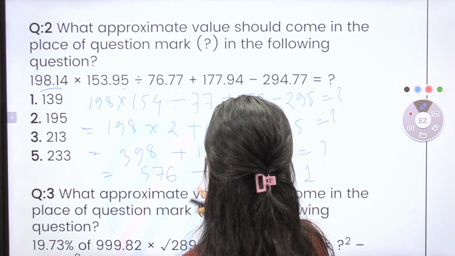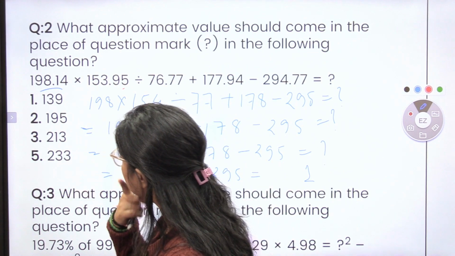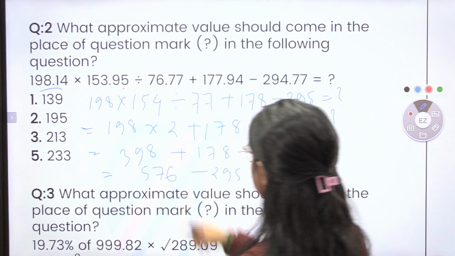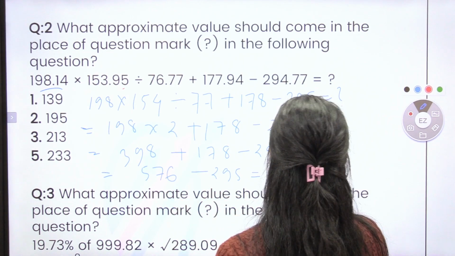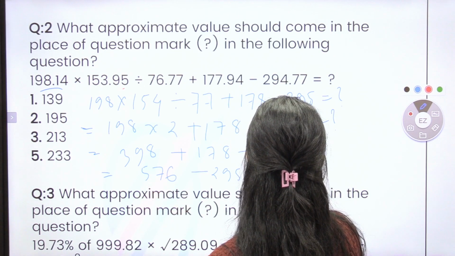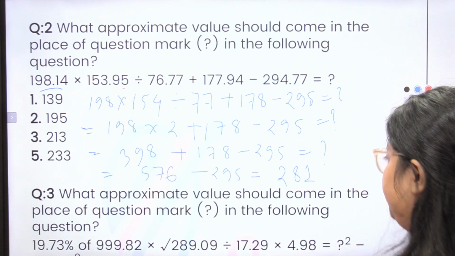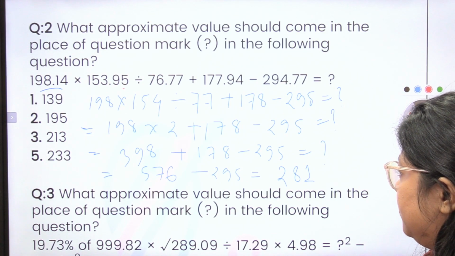Let's check. So it will give 281 as the answer. Okay, but we don't have it in the options.